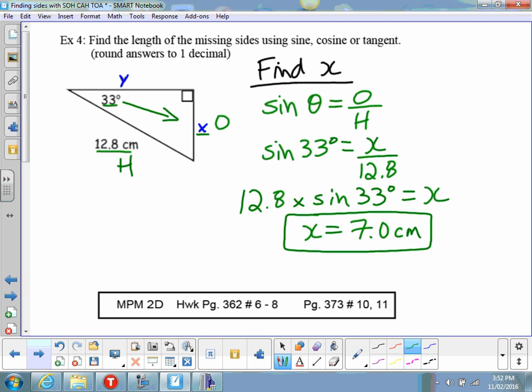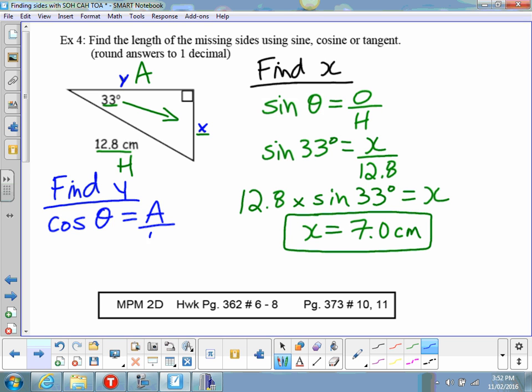Now, on the other side here, I've got y. So now I'm going to ignore the x and solve for y. y is adjacent to the 33. I've labeled those. I've got h and a, so that's going to be cosine. So cos theta is a over h.